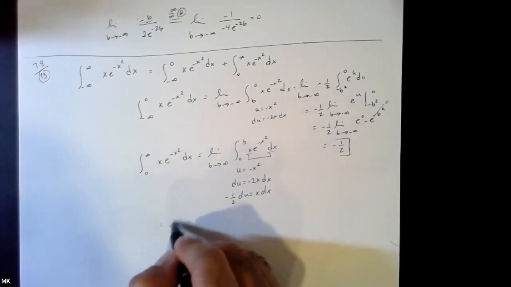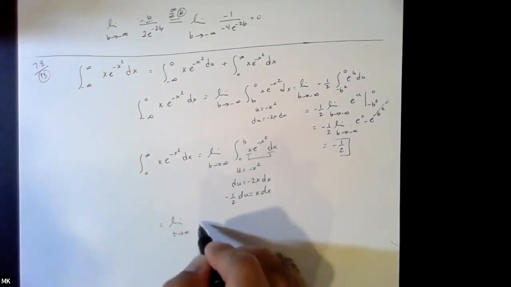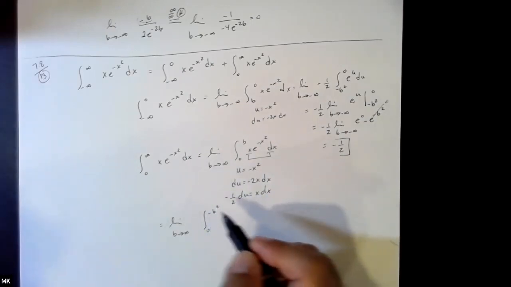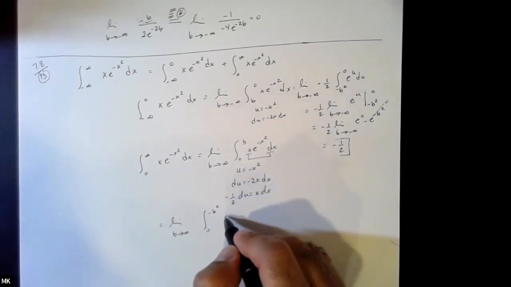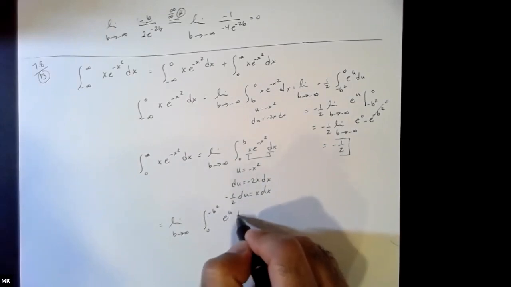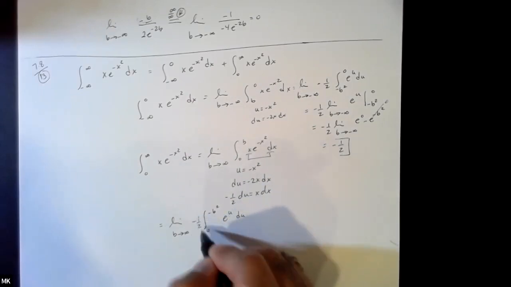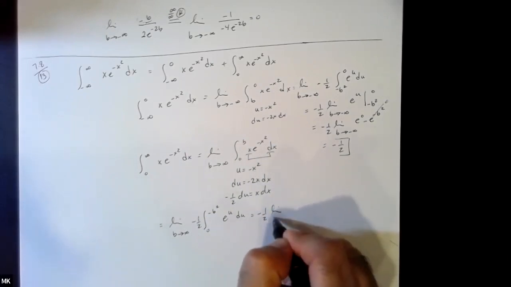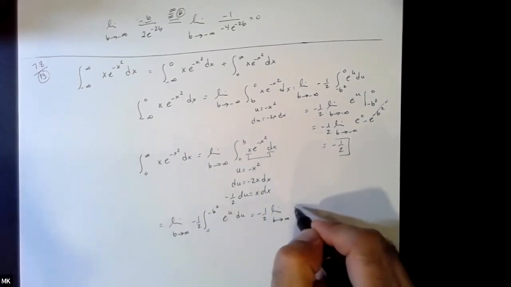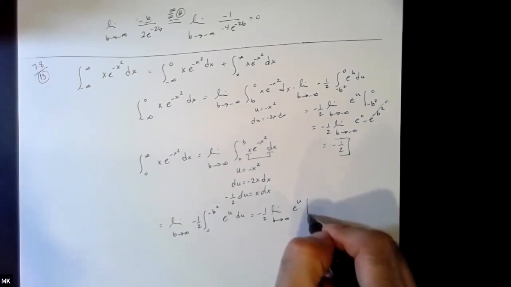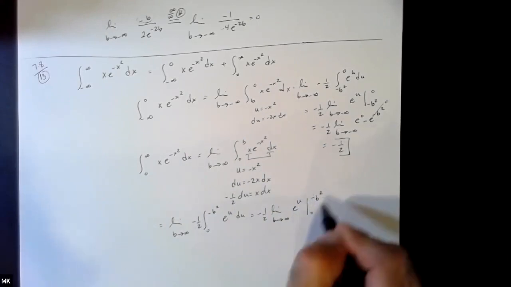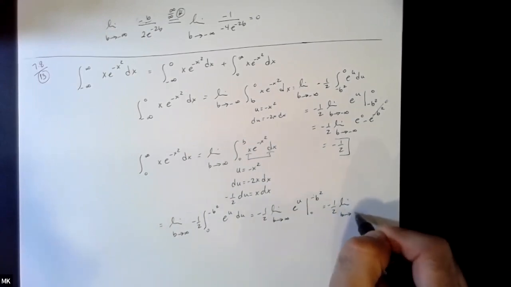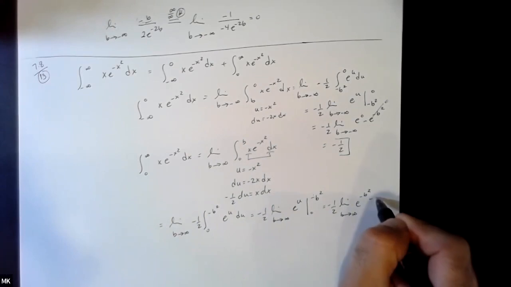So the limit becomes limit as b goes to infinity of, now my bounds, 0 to negative b squared. And then I have e to the u du with a negative 1/2 up front. So I get negative 1/2 limit as b goes to infinity of e to the u from 0 to negative b squared, negative 1/2 limit as b goes to infinity of e to the negative b squared minus e to the 0.